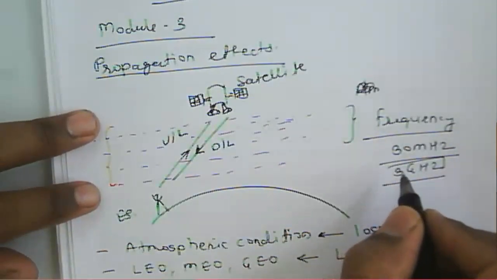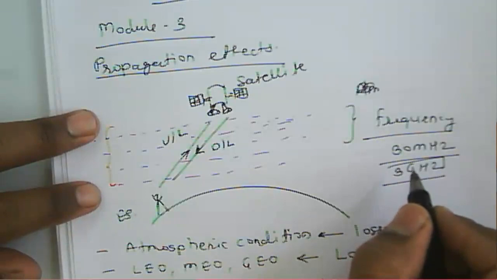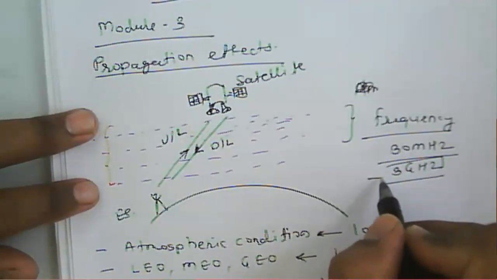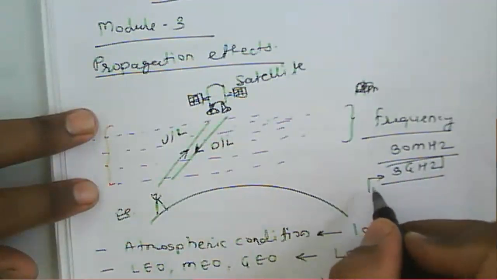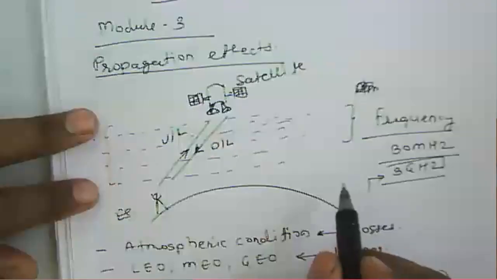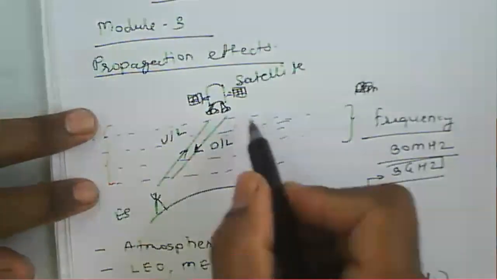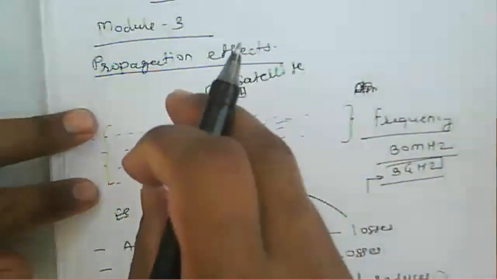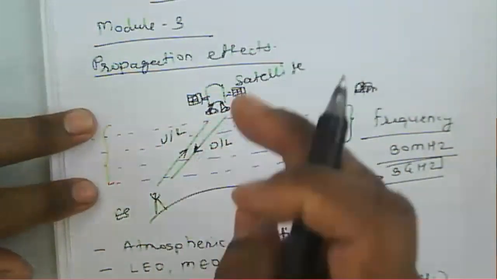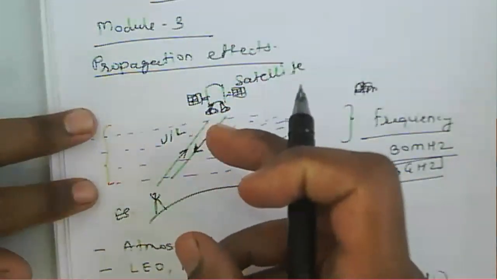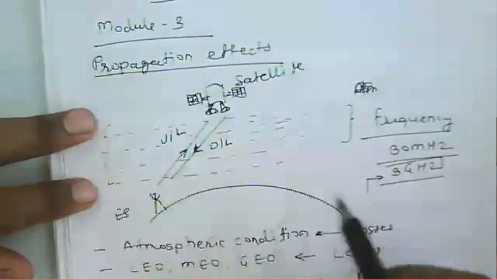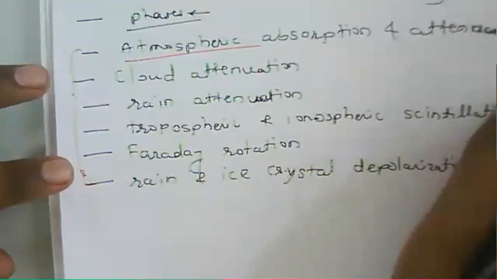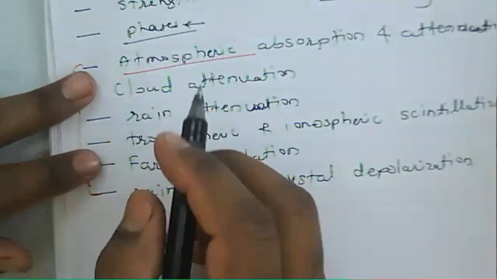So below 3 gigahertz, what happens when we transmit a signal below 3 gigahertz? Then the ionospheric layer will come into the picture. For a signal below 3 gigahertz, the ionosphere may act as a reflector or maybe as a refractor there. So we will learn what will happen to the ionospheric layer at this particular frequency.